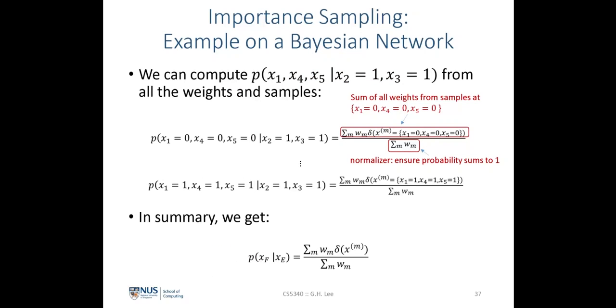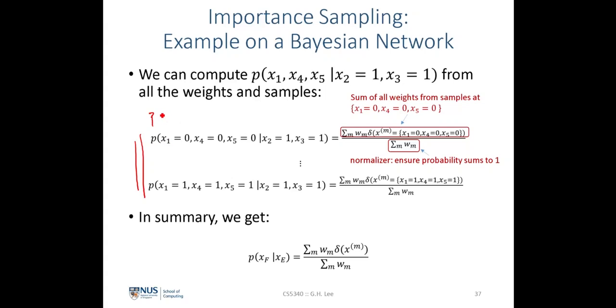Now, after we have computed all the weights and have drawn all the samples from the proposal distribution, the final thing that we can do is to compute the probability table for the target distribution that we are interested in.